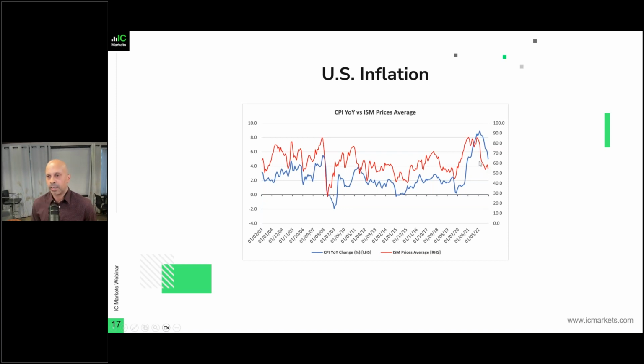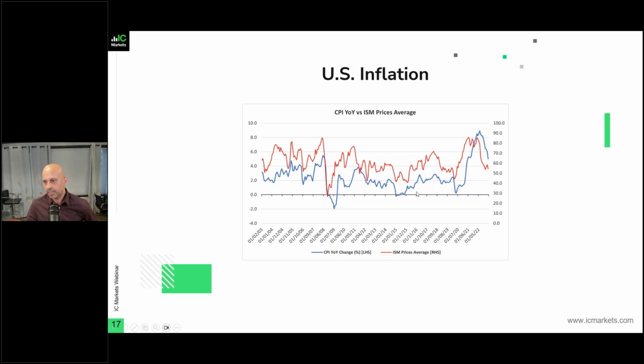So remember, CPI data and ISM data are released on a monthly basis. Unfortunately, we don't get any official data from these agencies at any higher frequency, but on a monthly basis, we are able to see the relationship between the average of ISM prices versus CPI.